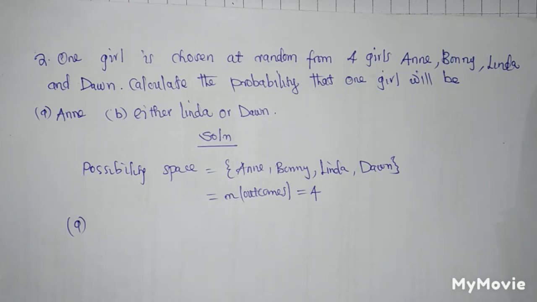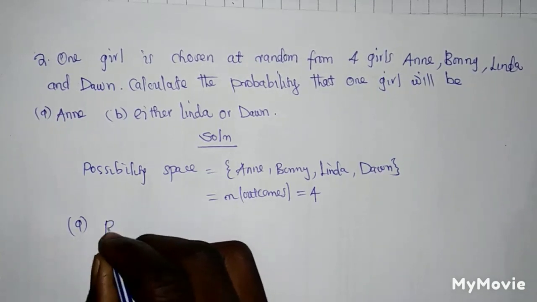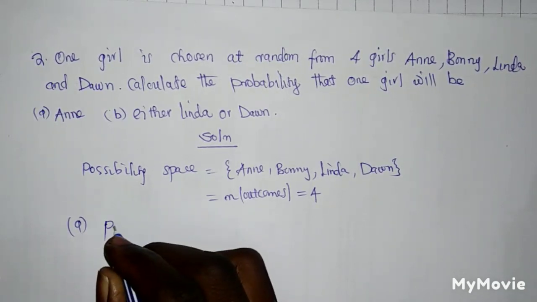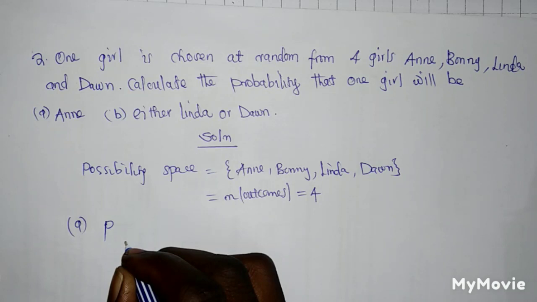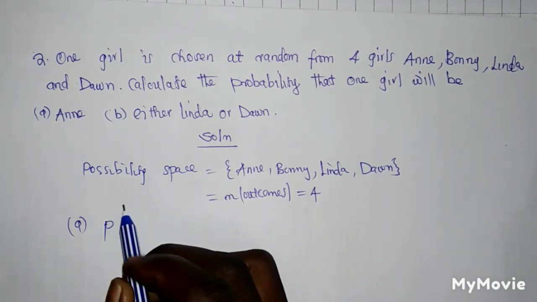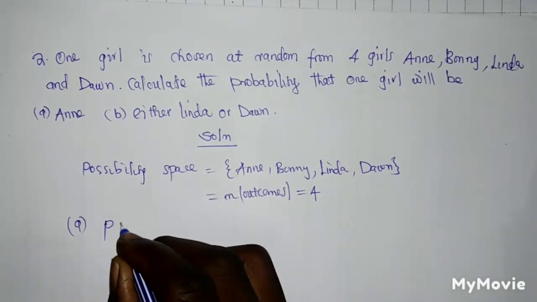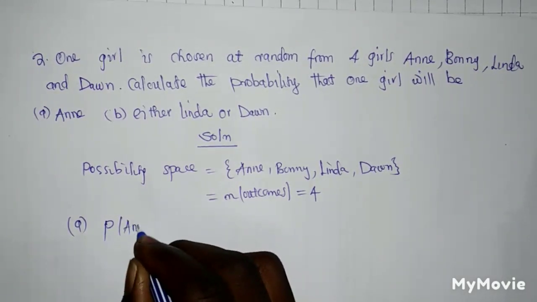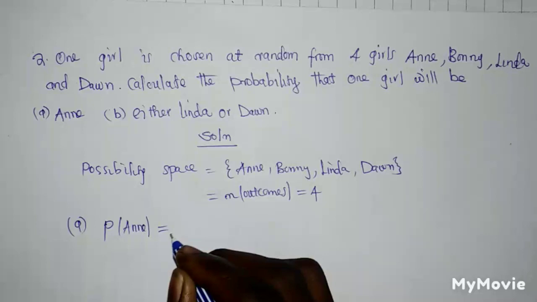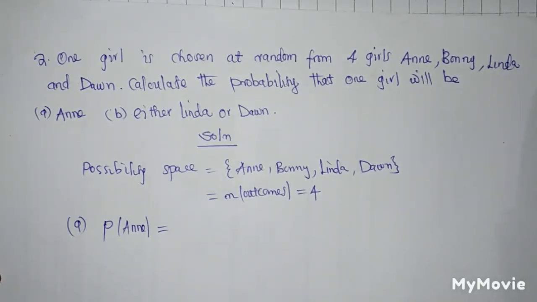So we find the probability of picking Annie. The probability of picking Annie will be 1 over 8.